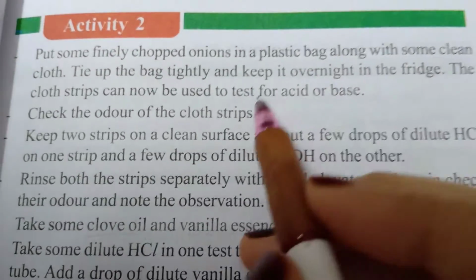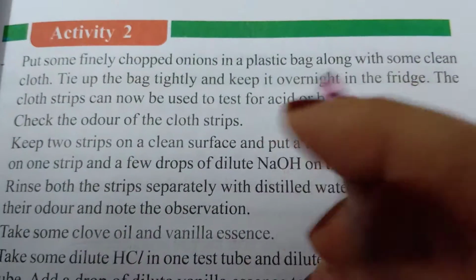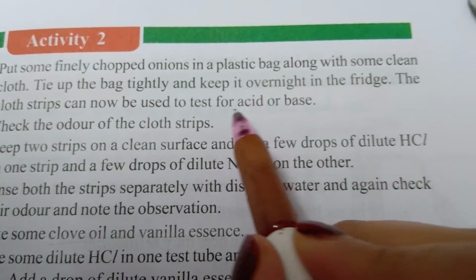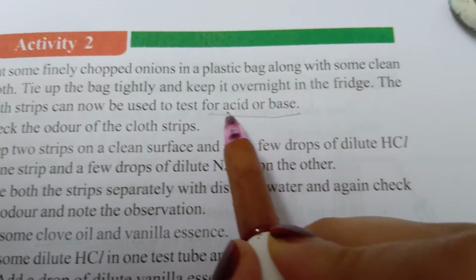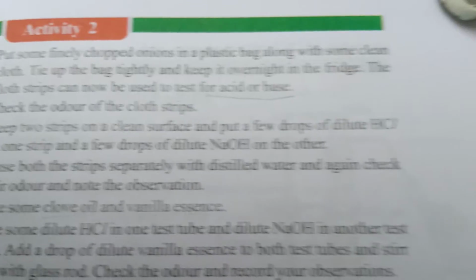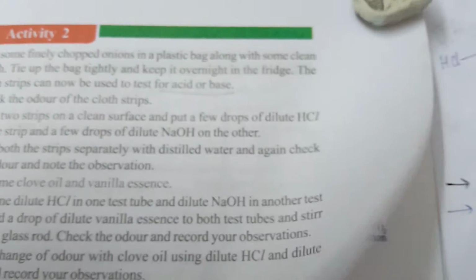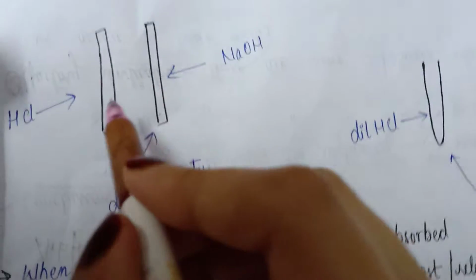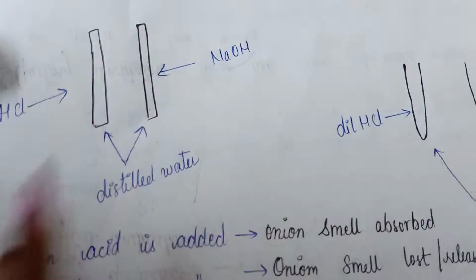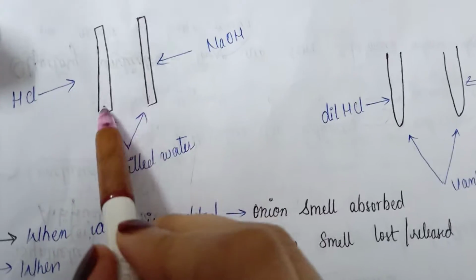So now the strips of cloth which we kept can help in testing acid and base. How? First of all, you have to take two cloth strips that smell of onion. These are the two strips of cloth.